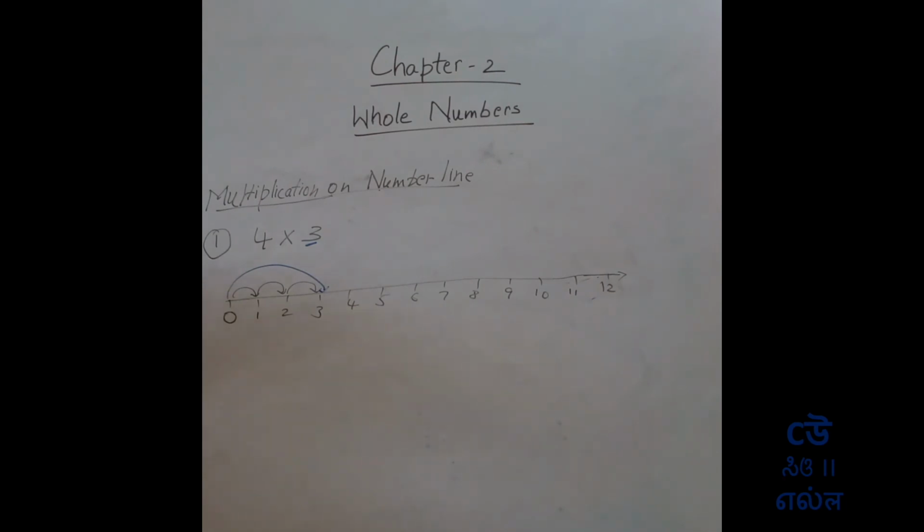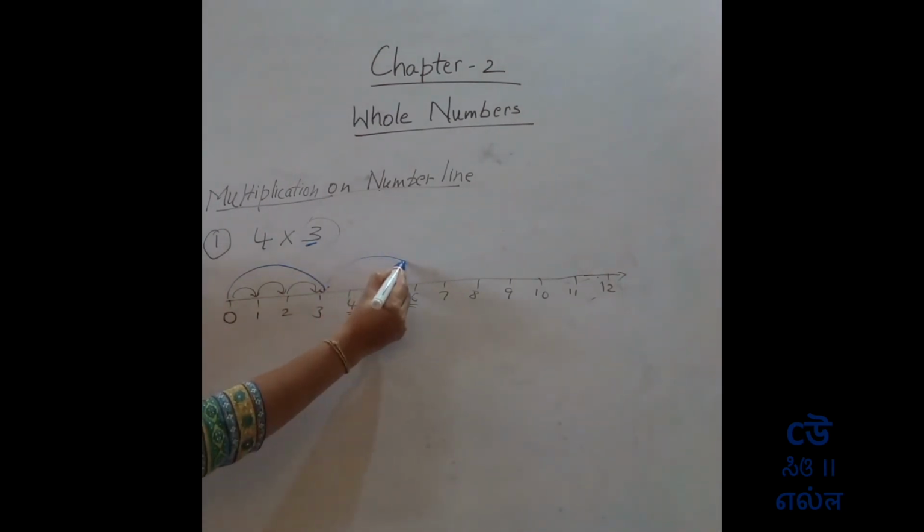Always the right side number, whatever they give in the question, that is the number we have to jump. Keep that in mind. So jump 3 numbers, 1, 2, 3. Leave this number. Next count 1, 2, 3.